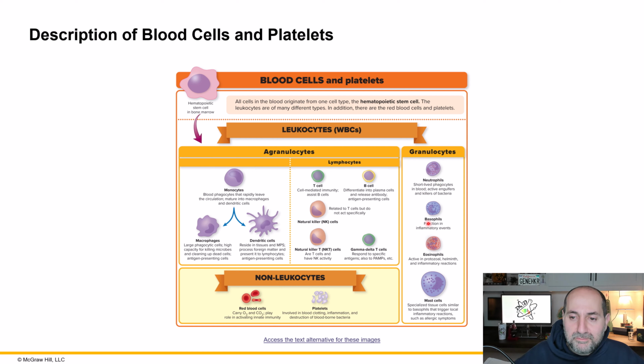We should know that basophils have a function in inflammation. They can release histamine. And mast cells as well. Remember, mast cells play a role in inflammation. They can also release histamine. And then eosinophils, remember, they release anti-protozoal, anti-helminth factors.